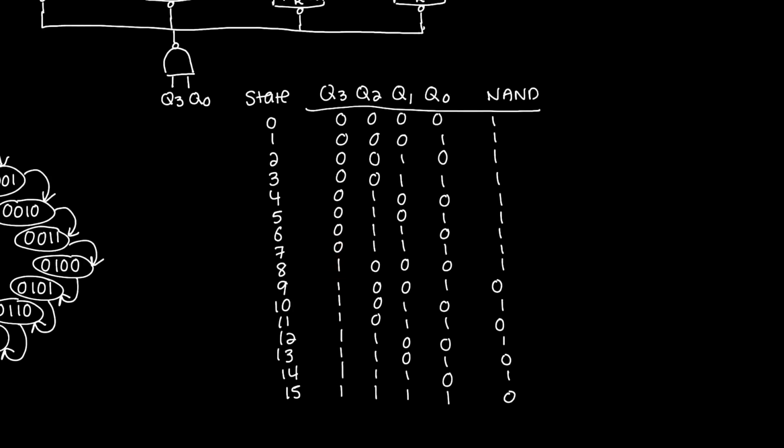So its duty cycle is going to be 1 over 9 expressed as a percentage, because out of 9 clock cycles, it's only ever high for one of them. And its frequency is going to be whatever the frequency of the clock is divided by 9.